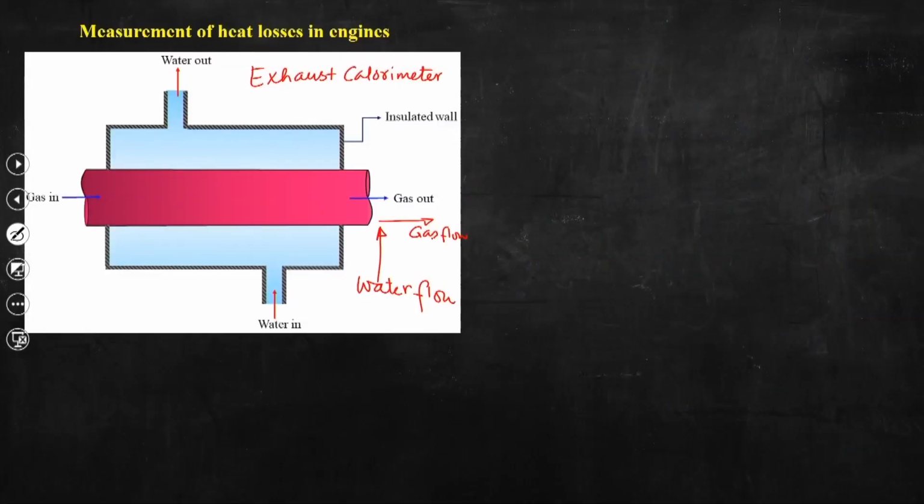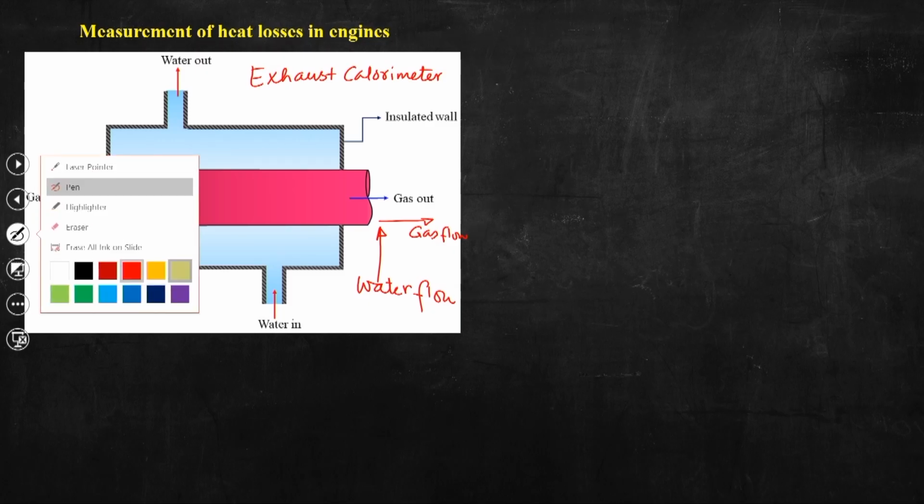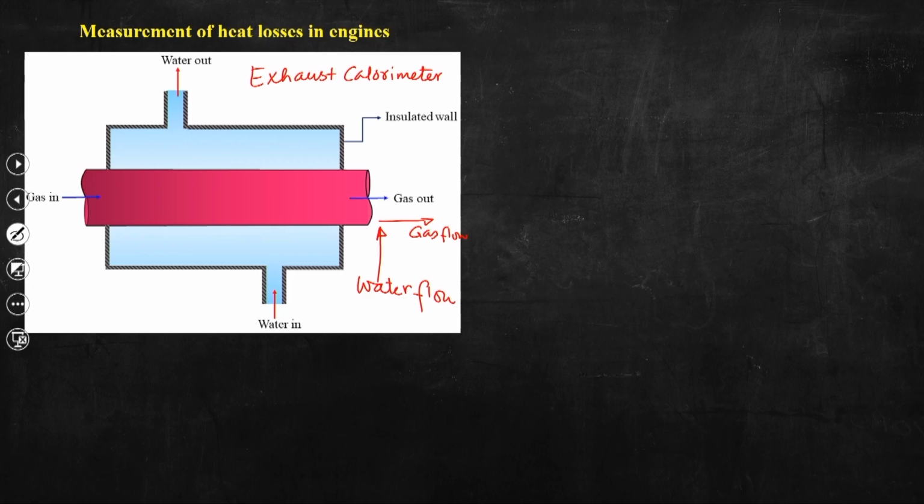So, the idea is it is not exactly cross flow, but to some extent you can consider this a counter flow, because exhaust gases flow from left to right, while water is allowed to flow past the tube, and either it can flow opposite to the direction of gas flow, or it is just crossing the gas stream. So, in this case this exhaust calorimeter is essentially a heat exchanger.